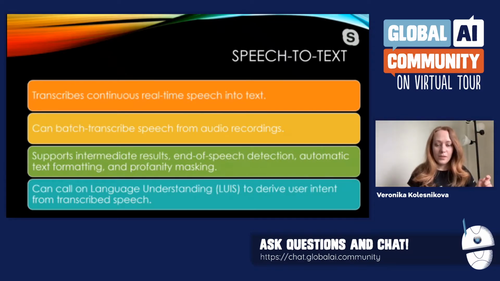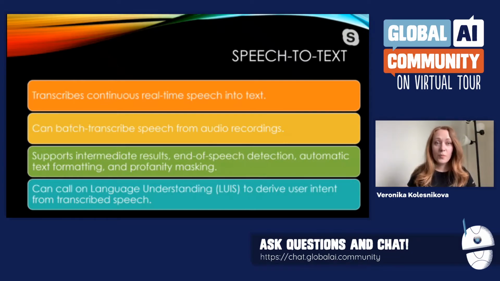Another good feature here is that it can call on the Language Understanding Intelligence Service, or LUIS, to derive user intent from transcribed speech. LUIS is widely used for bot design and development, and virtual assistant skills.